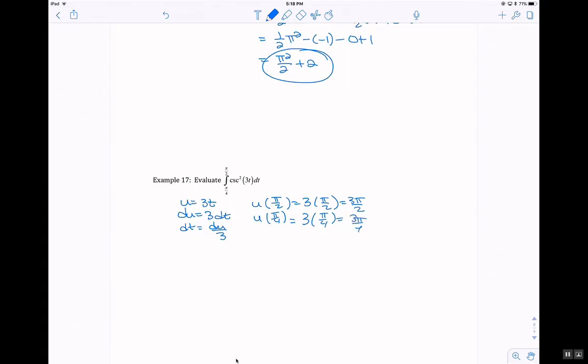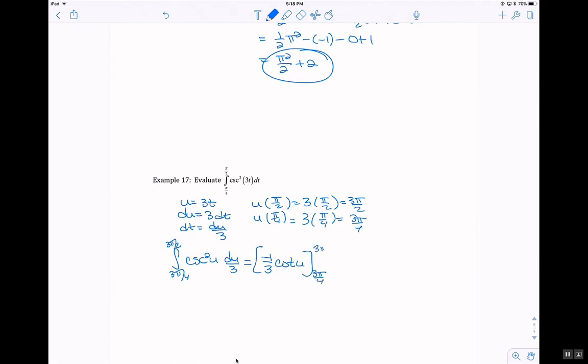So then I have the antiderivative from 3 pi over 4 to 3 pi over 2, and I'm doing cosecant squared of u du over 3, so I get negative 1/3 cotangent of u, evaluated from 3 pi over 4 to 3 pi over 2.